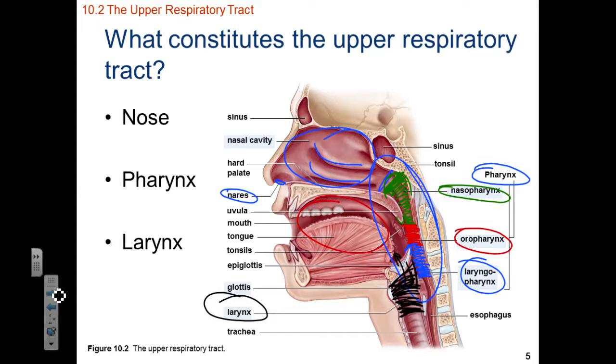And then right after this large piece of cartilage called cricoid cartilage, we're going to enter into the trachea where we have much more regular repeating subunits of hyaline cartilage. So our upper respiratory tract starts at the nose, goes to the pharynx, and then ends with the larynx. After the larynx, we are going to have the lower respiratory tract.